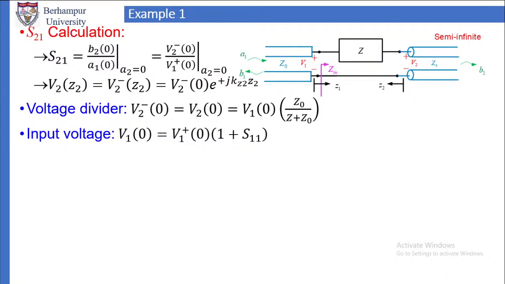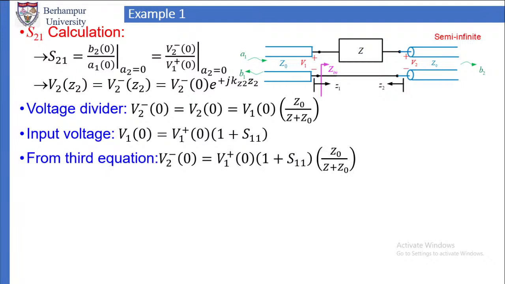So that we know. Then from the third equation, the equation for V2 minus, we will see that V2 minus 0 is equal to, for V1 we can put V1 plus into 1 plus S11, then Z0 by Z plus Z0.